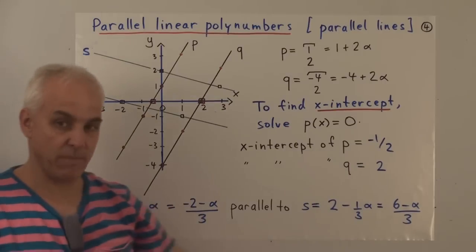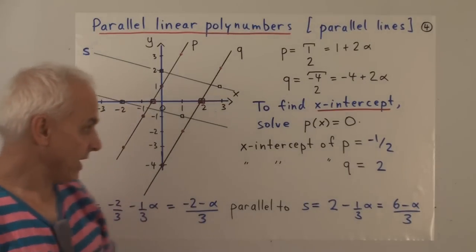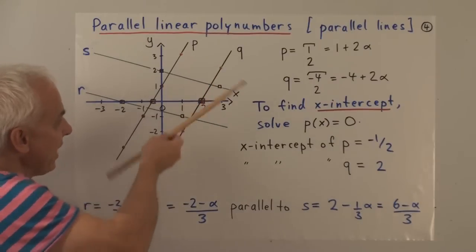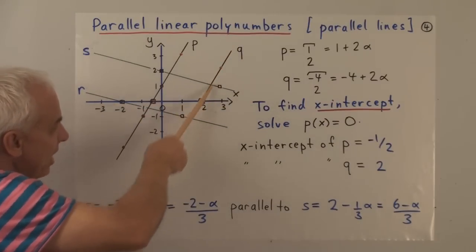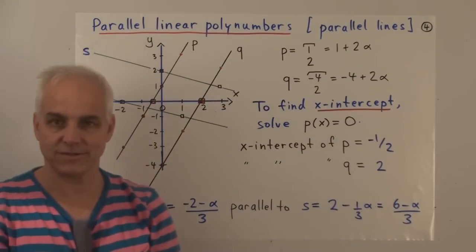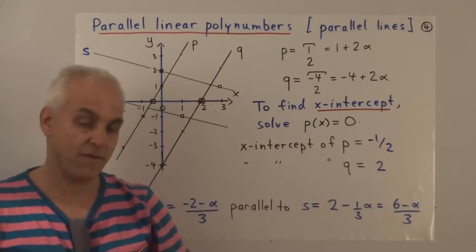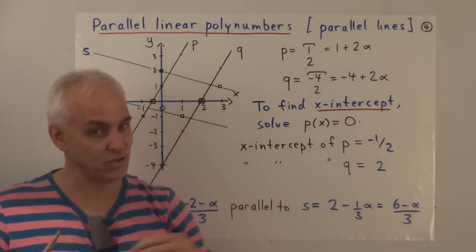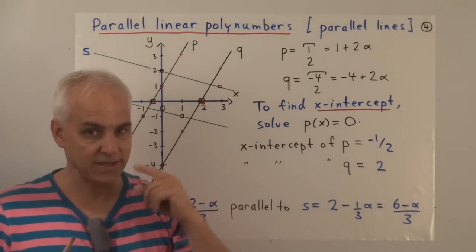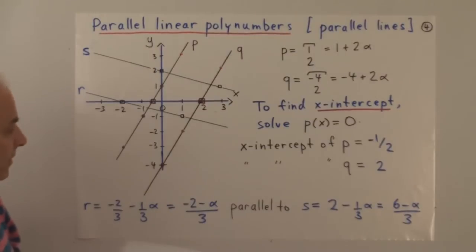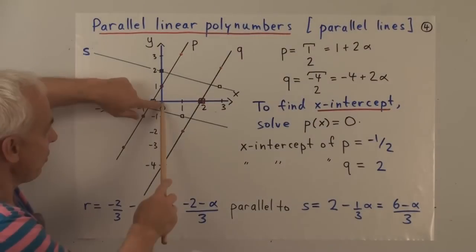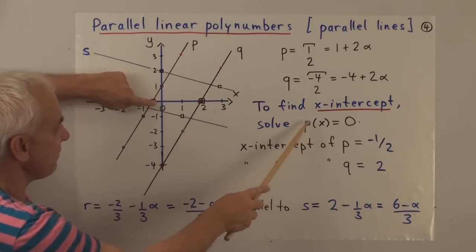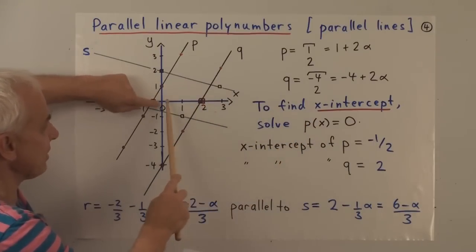Another interesting geometrical notion is that of the x-intercept, the coordinate on the x-axis where the line crosses the x-axis. Now, for a linear polynumber, they're all non-horizontal, so each one of them has to cross the x-axis somewhere. And to find that x-intercept, we're looking at the x value so that the polynumber's value at that point is 0.